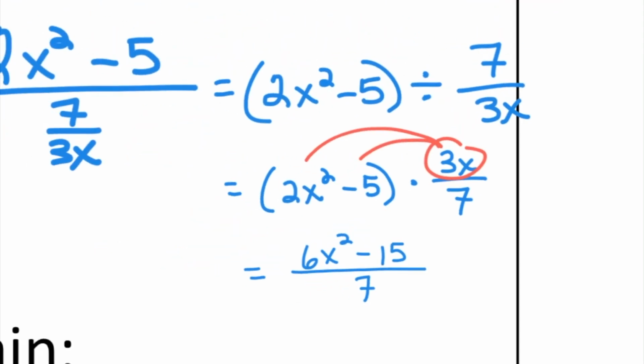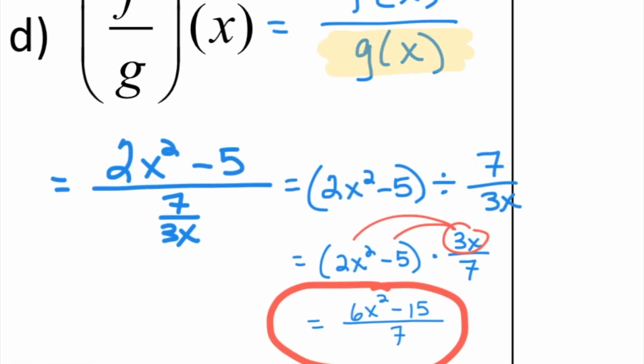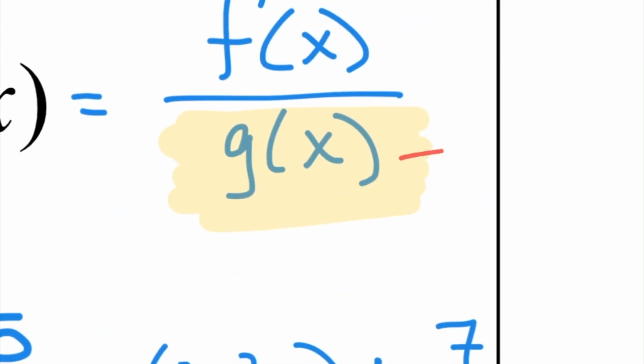But be careful here. You don't have an x in the denominator, and if I gave you this and it wasn't a division problem and I just said what's the domain of that function, you would say it's all real numbers because there's no x in the denominator. The problem is that at the very beginning of the problem, g of x, one of the two functions you're using for your operations, has the restriction that x cannot equal 0.